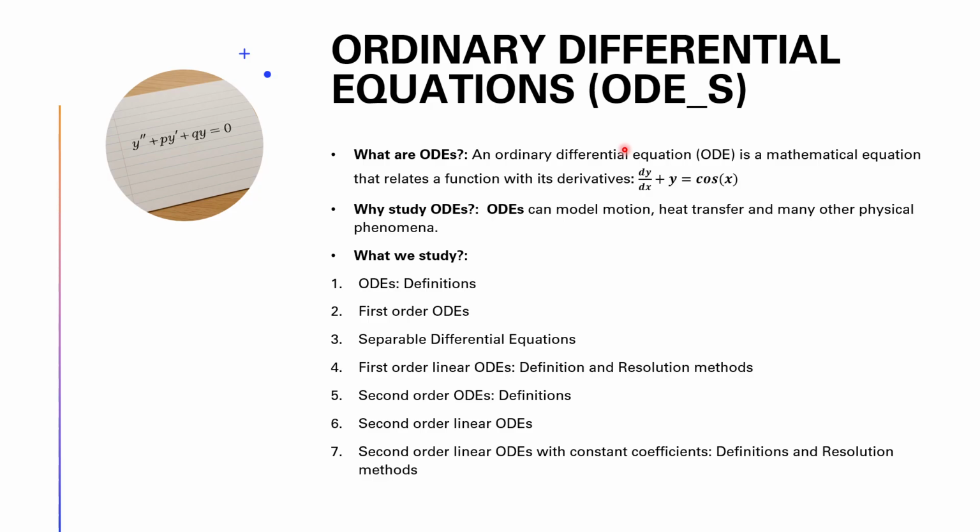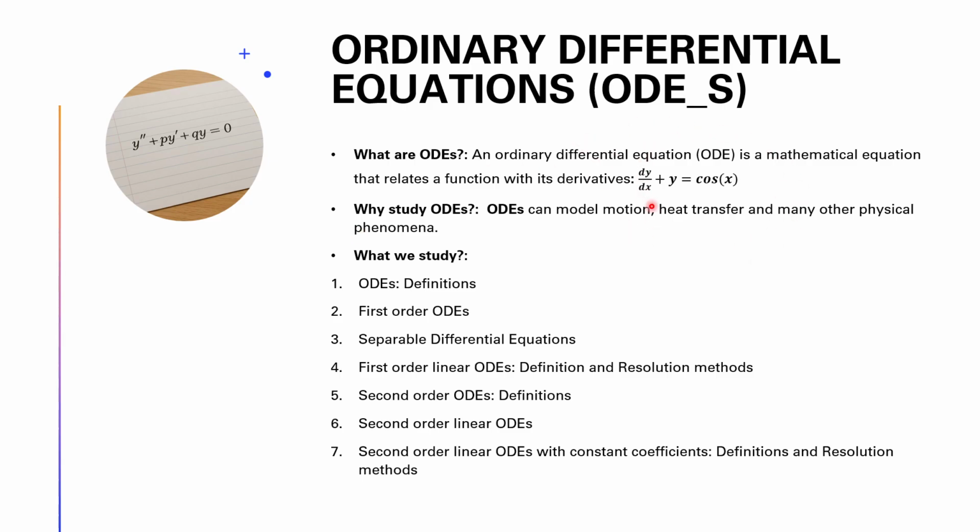Now, what we will study in this chapter: we will first start with ODEs, general definitions or preliminaries. Then we will see a special type of differential equations, which are the first order ordinary differential equations, which only involve the first derivative, like the case here.